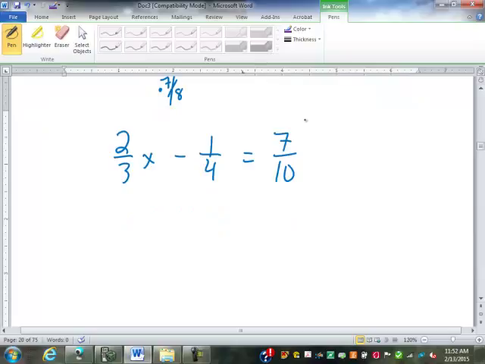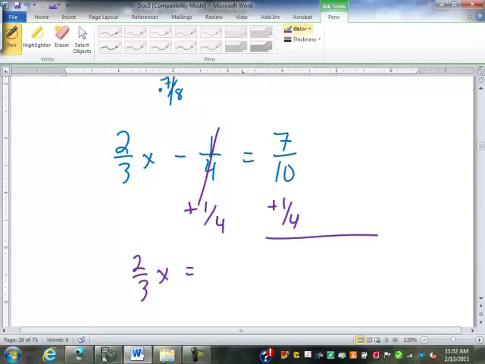And now we're going to have to just go through the steps. We're going to add the 1/4. So 2/3 x equals 7/10 plus 1/4. We have to find a common denominator, which will be 20. 10 times 2 is 20, so 7 times 2 is 14. 4 times 5 is 20, so 1 times 5 is 5. 14 plus 5 is 19/20.